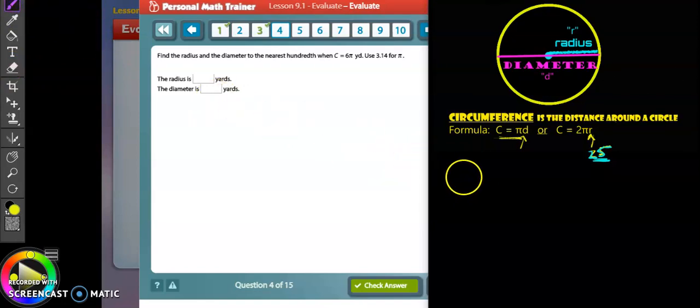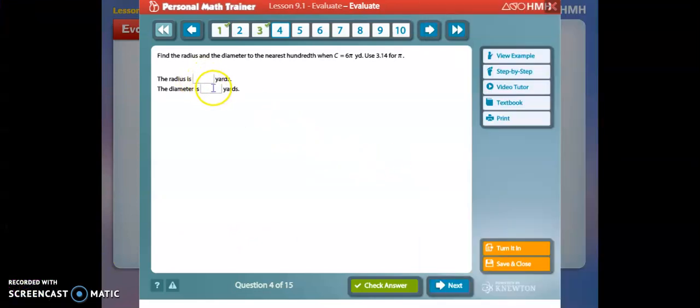They're telling us that C equals, and here's pi, so we can use the pi. Remember, to find circumference, you multiply pi times the diameter. The diameter here, they're telling us, is 6. They're saying pi times 6, so 6 has to be the diameter. So over here we can type in a 6.